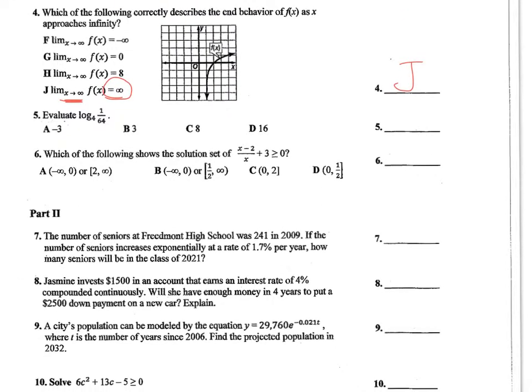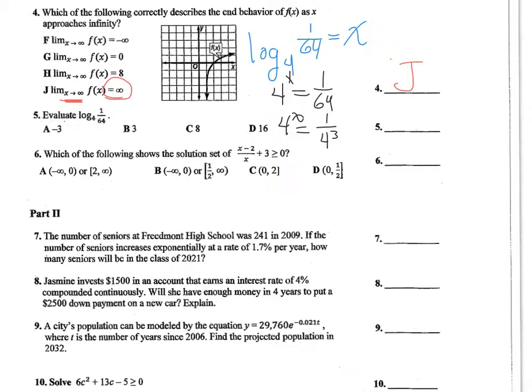Next, how about number 5? When you evaluate that log, what would be the answer? -3 is right, because the question here is log base 4 of 1/64 equals what? If you rewrite that logarithm into exponential form, it would be 4 raised to the x equals 1/64, which is 4 to the x equals 1 over 4 to the third power.